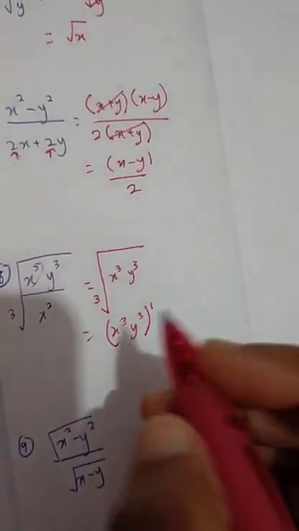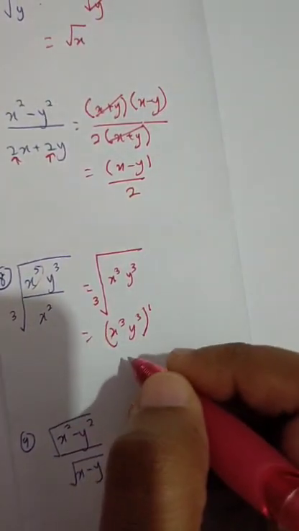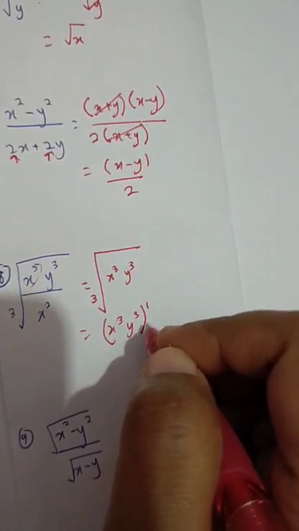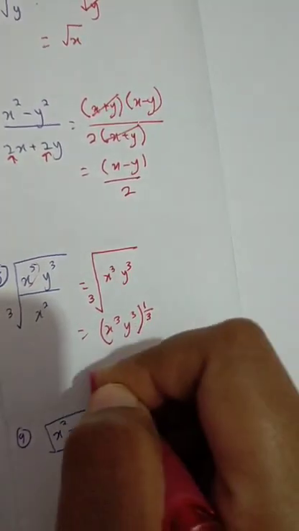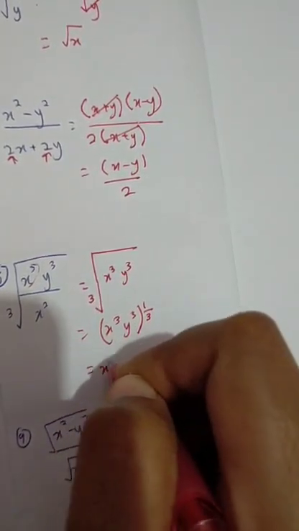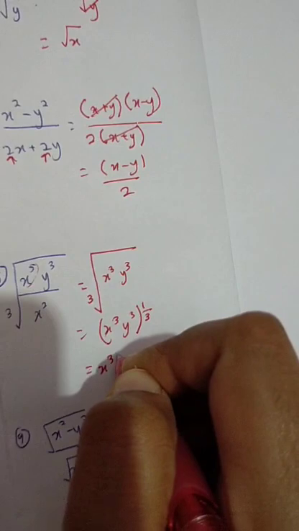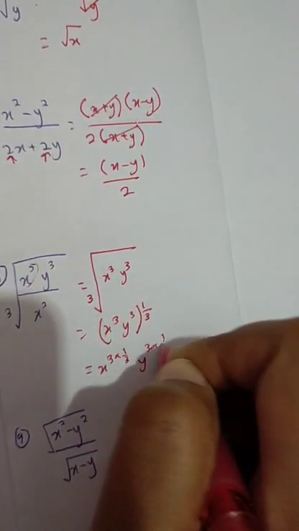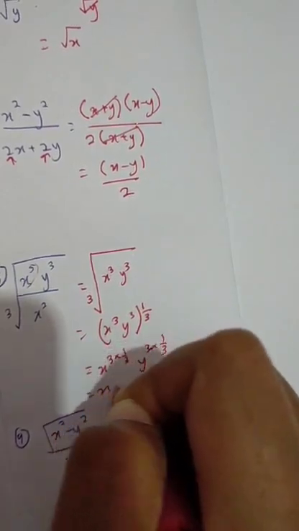I will show you another step. There are 2 ways to answer this one. The cube root is the power of 1 over 3, so each one of them gets the power: x to the power of 3 times 1 over 3, y to the power of 3 times 1 over 3. So you will get xy.